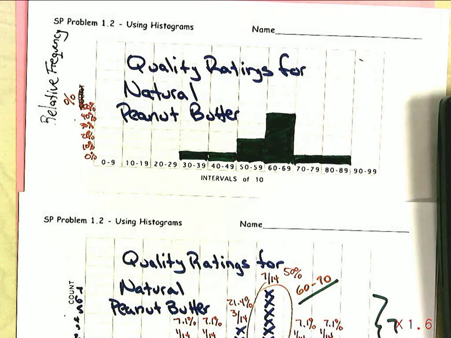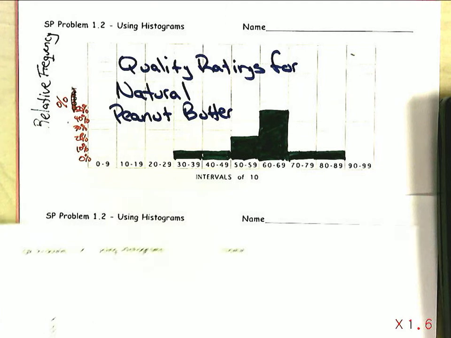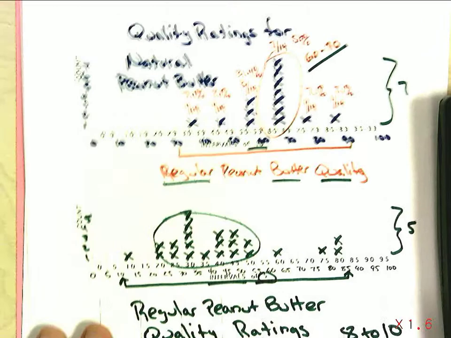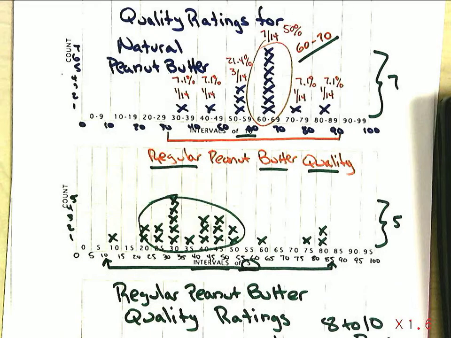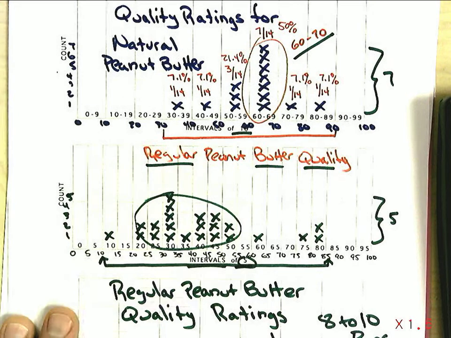Now we want to do the same thing with the regular peanut butters, because then we have something to compare. And so I'm going to go ahead and use the data that I did in this one to do that. But it's going to be a little bit tricky because I want to go in sets of 10.